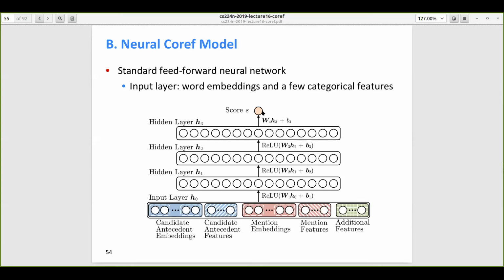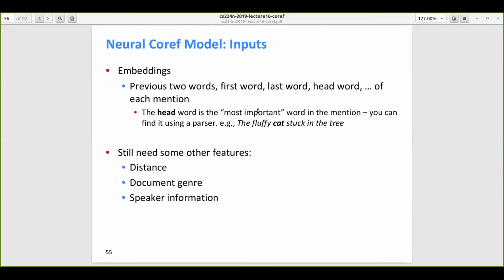There is another blog that I will be showing at the end of today's session, which talks more about this. So we get the embeddings for previous words, first word, last word, head word. We get the embeddings for these different combinations.